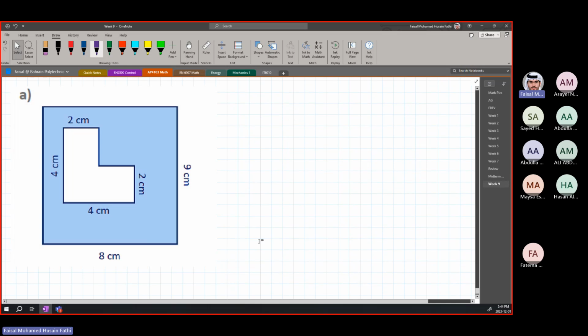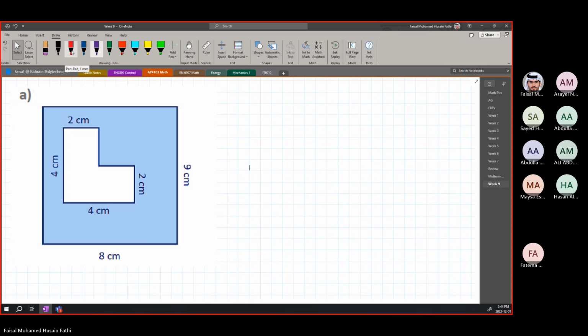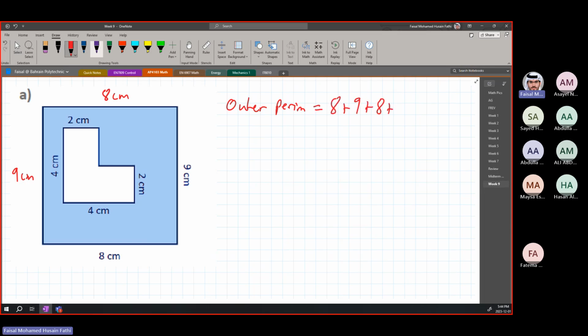So we have this shape. Let's find the perimeter. First, we know that this is 8 centimeters, the same as the opposite side. We know that this is 9 centimeters. So we can find the outer perimeter. Outer perimeter is equal to 8 plus 9 plus 8 plus 9, which is 34 centimeters.